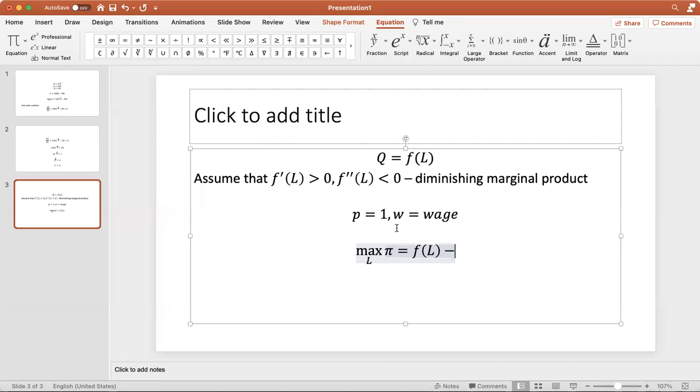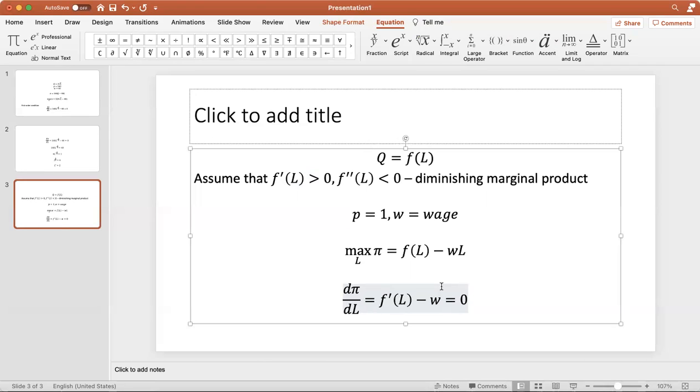So F of L minus WL. Okay. So the first order condition would be d pi over dL, right? So that's going to be f prime of L because you just take the derivative of the function with respect to L, right? Minus W equals 0.